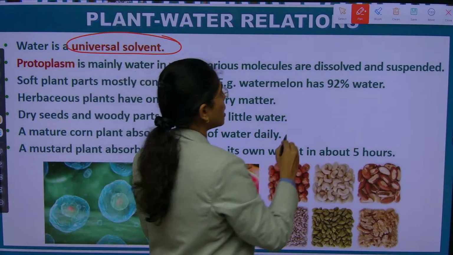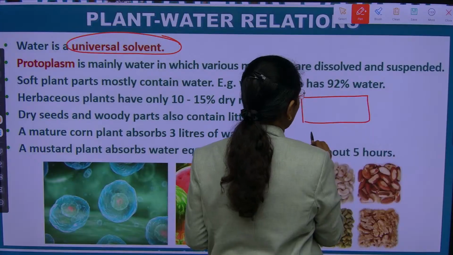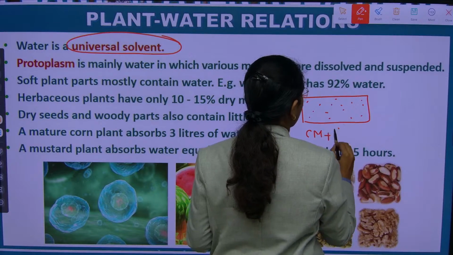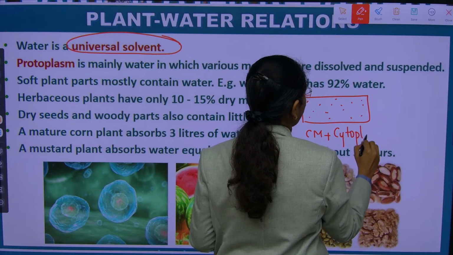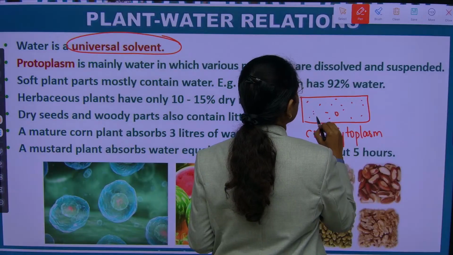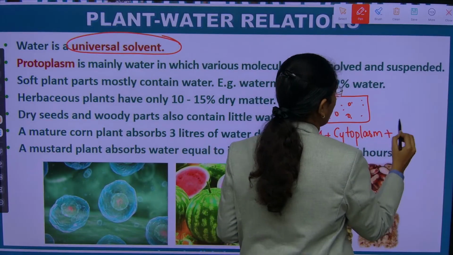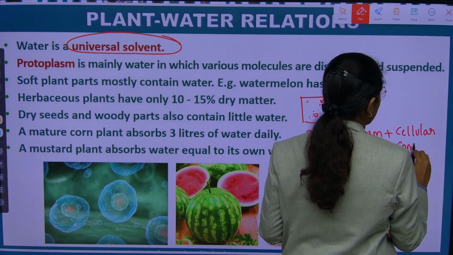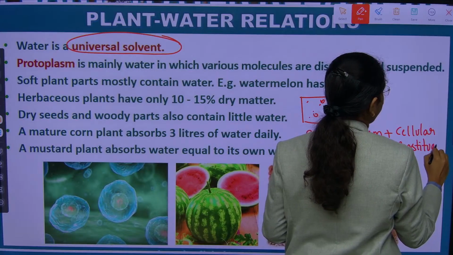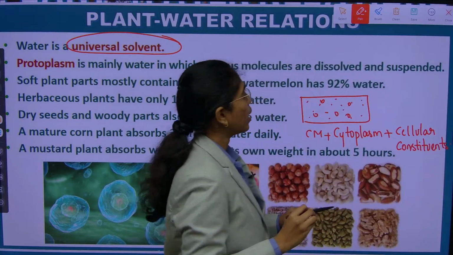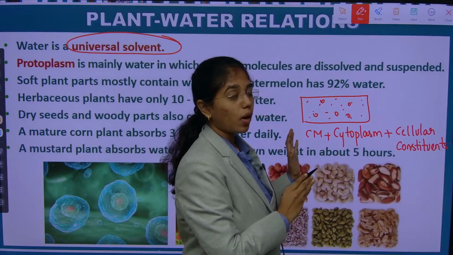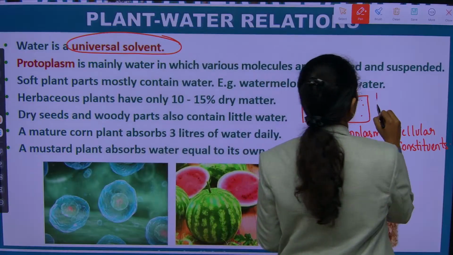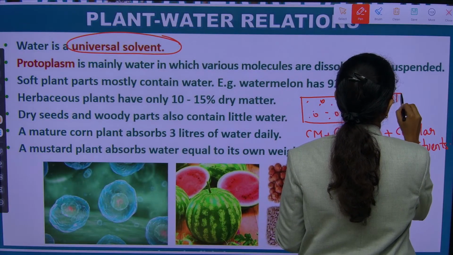If you consider a single cell, the cell membrane plus cytoplasm along with some cellular constituents is known as what? Protoplast. Cell membrane along with cytoplasm and cellular constituents is addressed as a protoplast.